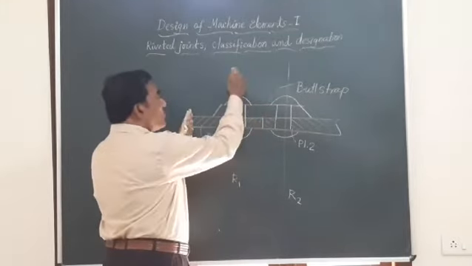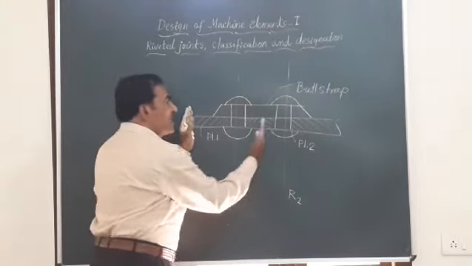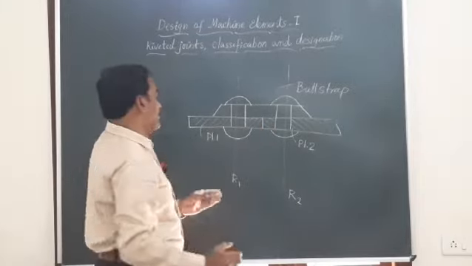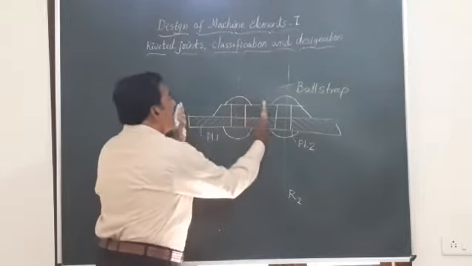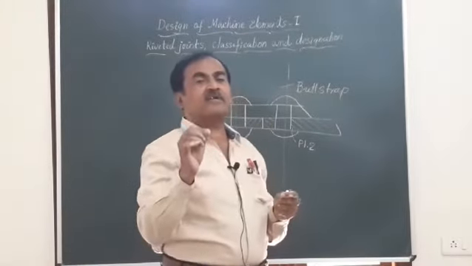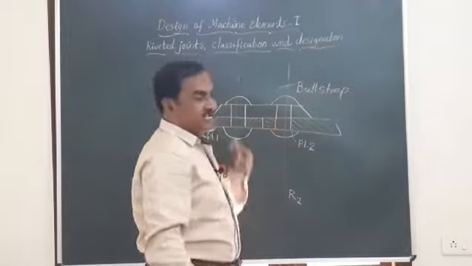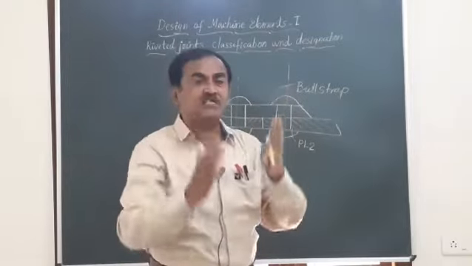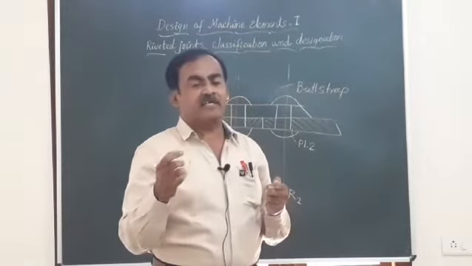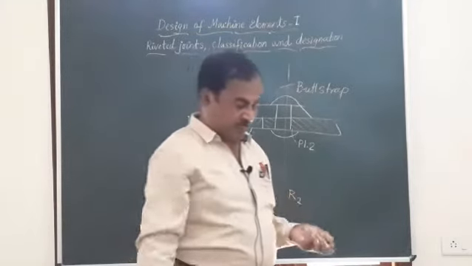So here if you have got only one row of rivets on each plate, it is called a single riveted butt joint. If you have two rows on each plate from here to here, we call it a double riveted butt joint with single cover plate. If you have three rows of rivets on each plate, it is called a triple riveted butt joint with single cover plates.